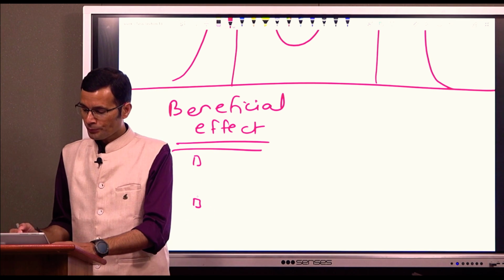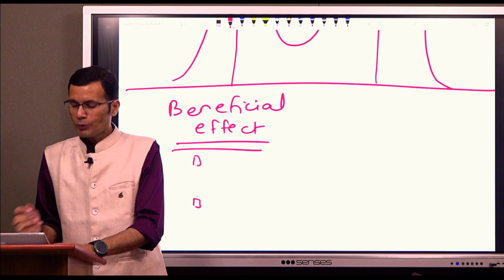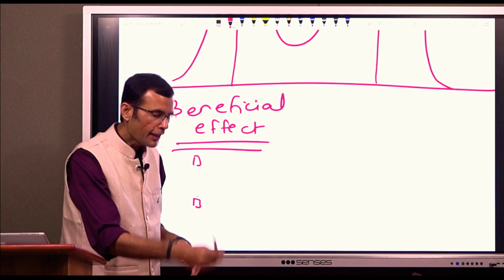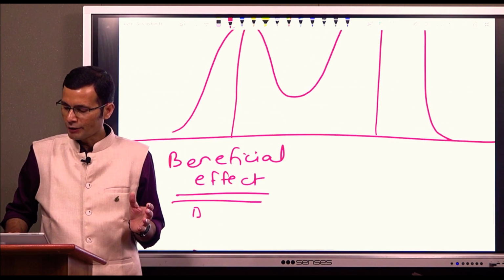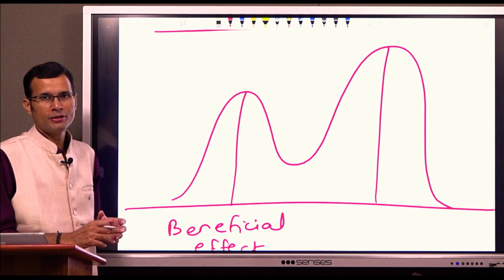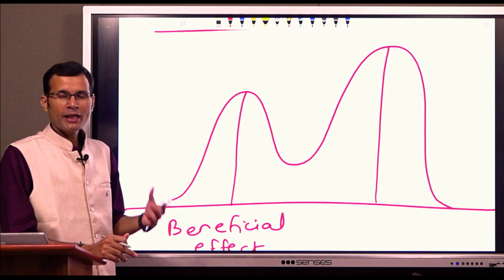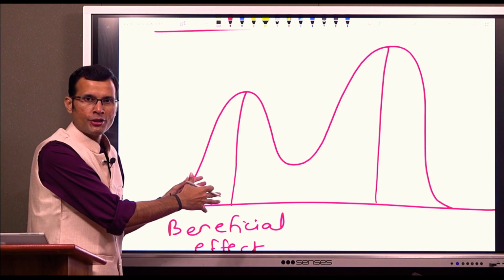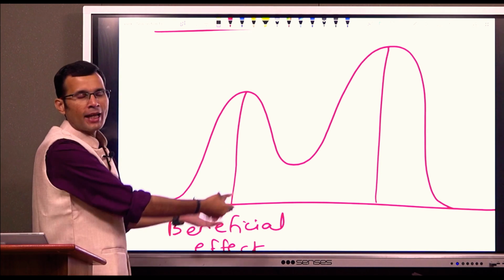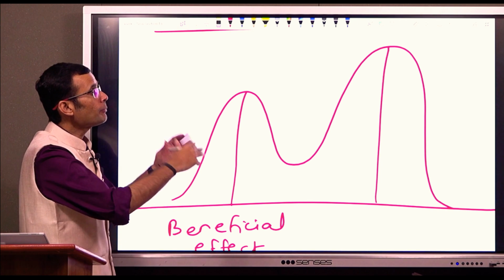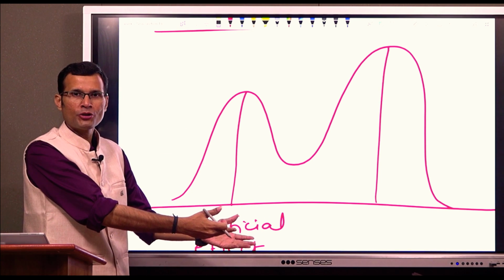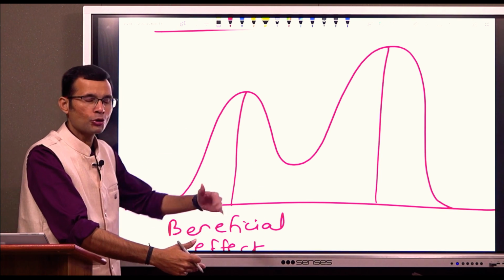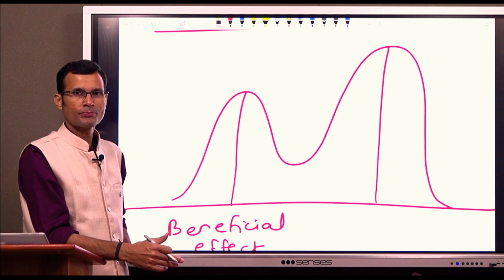First of all, let me just say what this beneficial effect is. What do I mean by beneficial effect here? By beneficial effect, I mean that due to the first contraction, some changes happened in the muscle which were beneficial for the second contraction, and therefore the second contraction automatically became stronger.